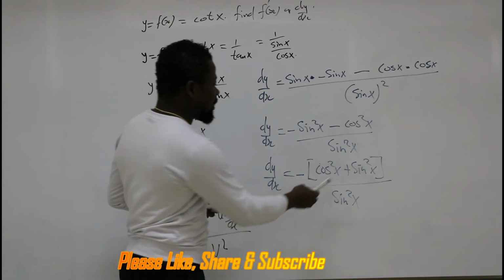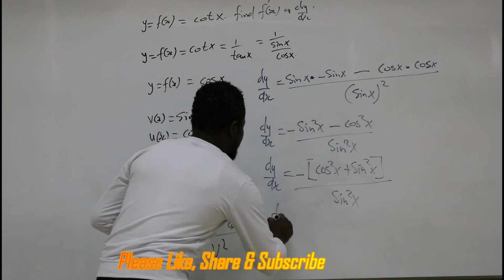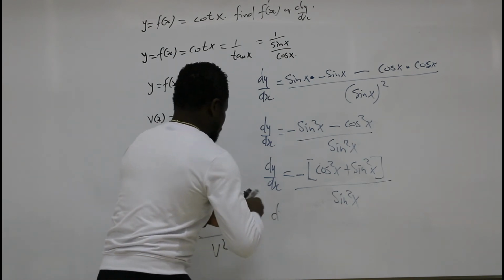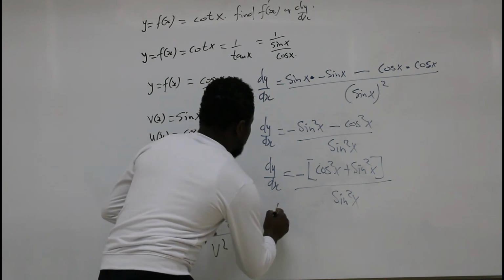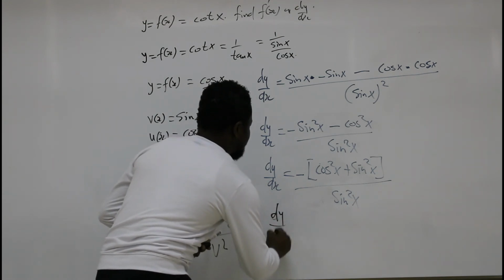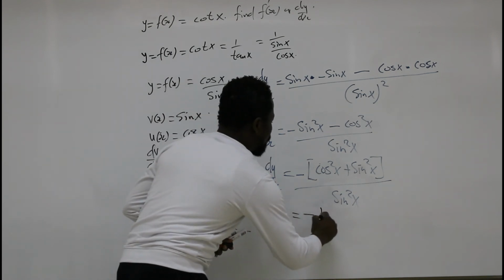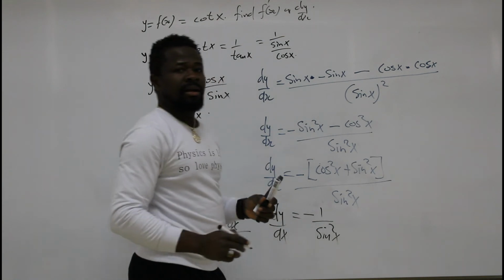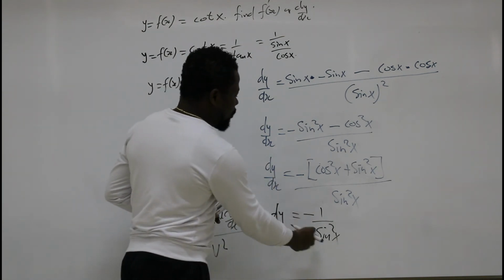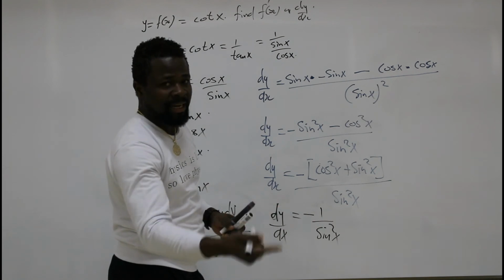We can see that this will be equal to 1, so dy/dx should simply become negative 1 over sine squared x. And remember, when we have 1 over sine x, that will give us cosecant.